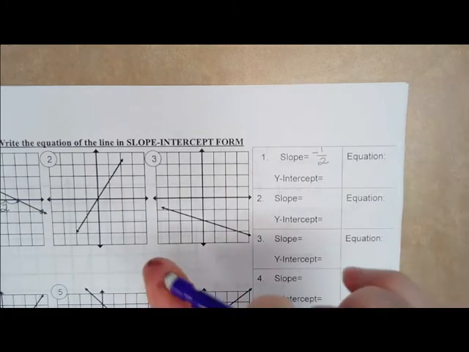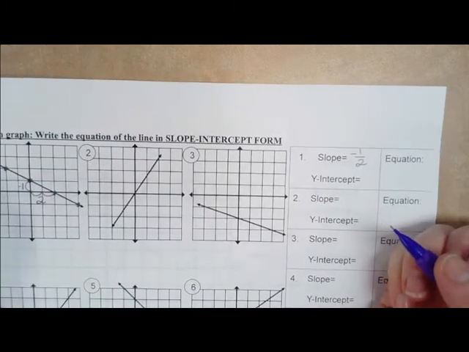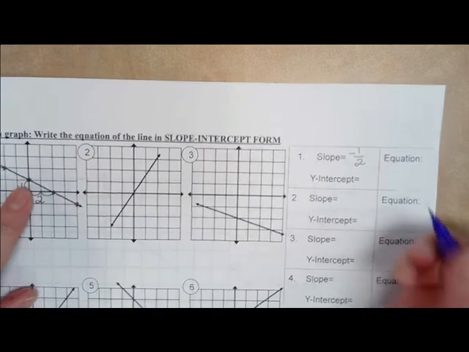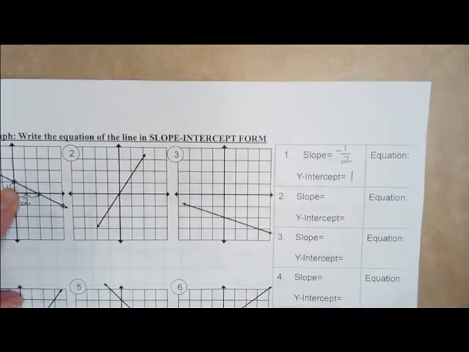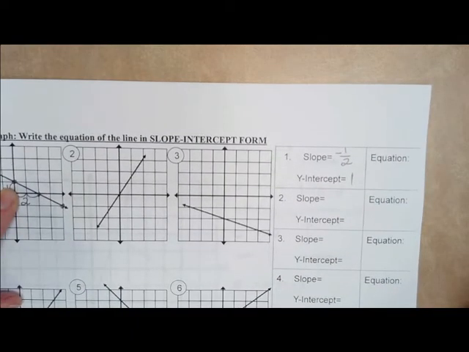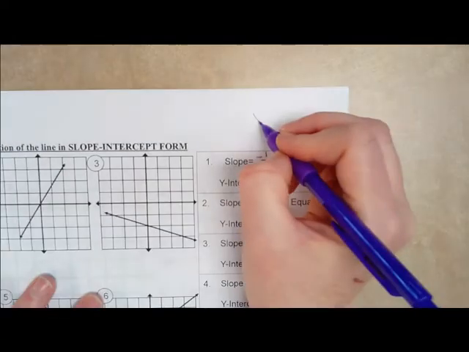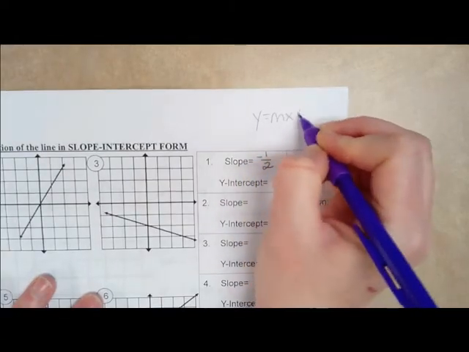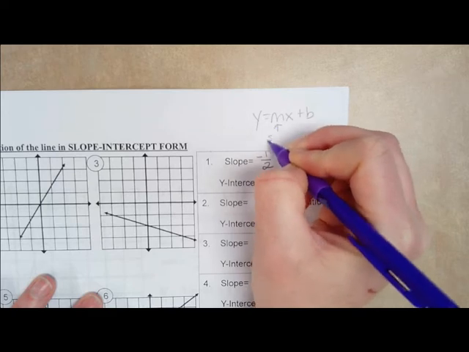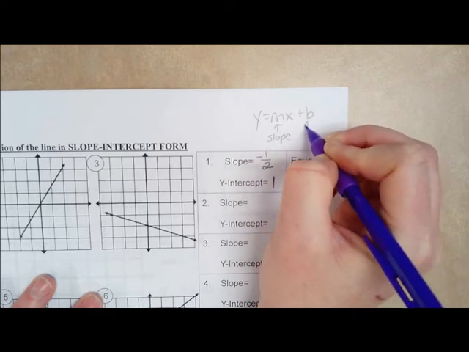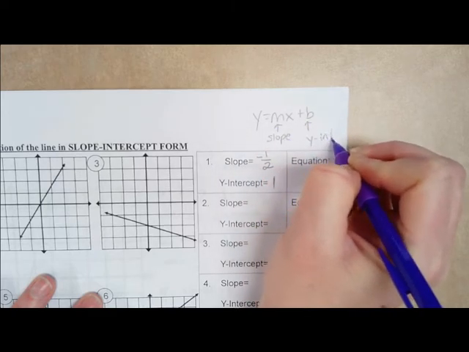And then our y-intercept, where does it cross the y-axis? A positive one, yep. And my equation is written in mx plus b, where you have m as your slope, y-intercept is the b.